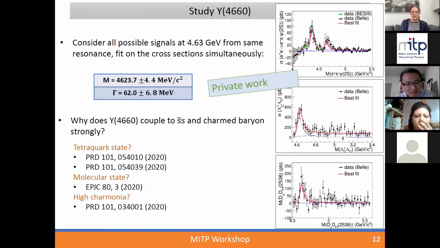The second comment is on page 12. I would just like to mention that already in 2008, we proposed that the Y(4660) could be a bound molecular state of the psi prime and f0(980). If it is so, it will have a somewhat asymmetric line shape, so using Breit-Wigner is not a good idea.